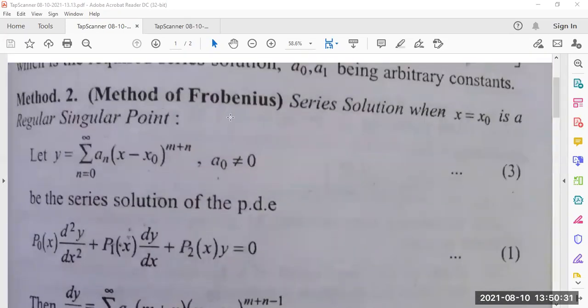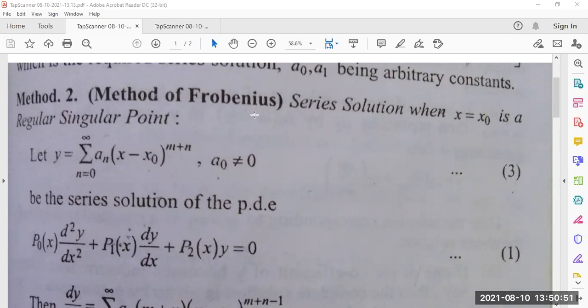So here the method of Frobenius is given. Previously you have already solved the case when x equal to x0 is an ordinary point. But when x equal to x0 is a regular singular point, then by the method of Frobenius we have to find the series solution of the given differential equation.